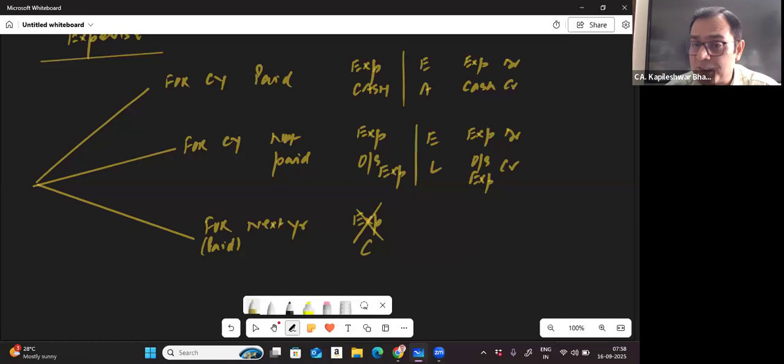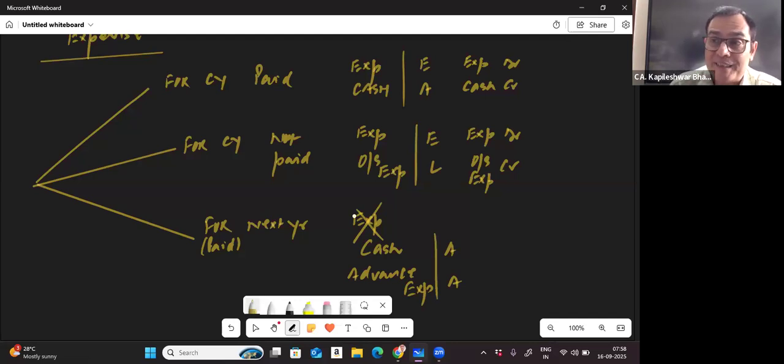The cash, of course, is paid, and we're going to call this advance expense or prepaid expense. What do you want to call it? Cash is an asset. Advance expense is also an asset. The cash is decreasing, so cash will get a credit. So in this case, the entry becomes advance expense gets a debit and the cash gets a credit. There is a decrease in cash, so the other account by default gets a debit.